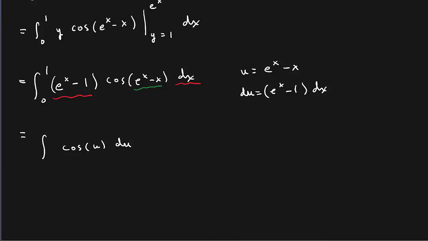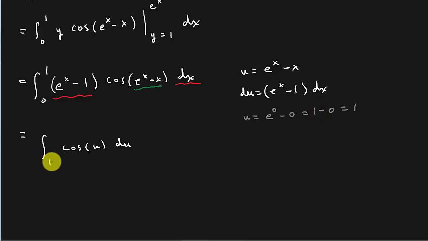To change the bounds, we take the 0 and the 1 and plug them in to figure out what u is. With x equals 0, u is e to the 0 minus 0, which is 1 minus 0, which equals 1.